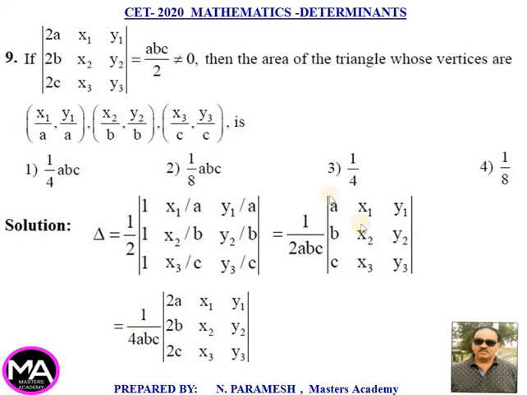Multiply and divide first column by 2, 1 by 4abc, determinant first column 2a, 2b, 2c, second column x1, x2, x3, third column y1, y2, y3, is equal to 1 by 4abc as it is. This value is given in the question, that is abc by 2. abc gets cancelled, 1 by 4 into 2 is 8, 1 by 8 is there in option fourth one.